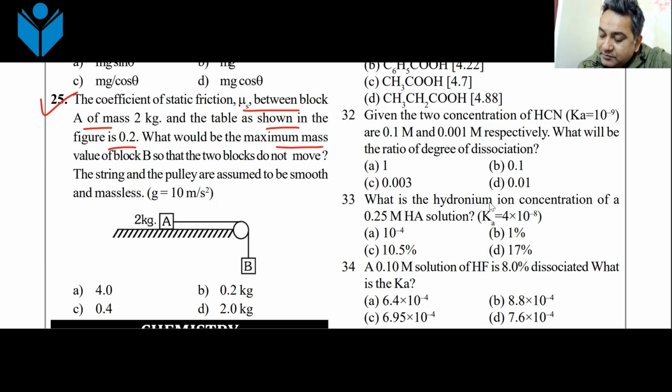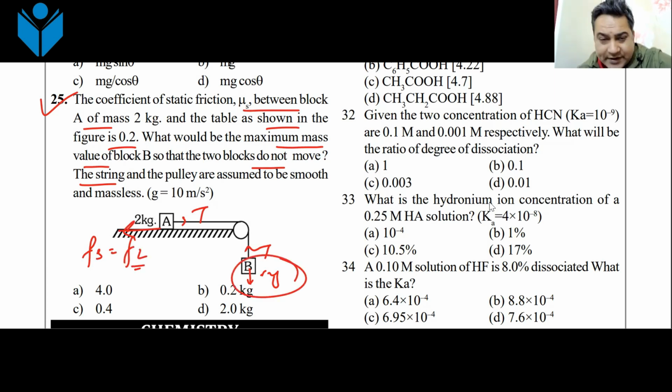What would be the maximum mass that can hang so that it does not move? This would be equal to mg, this would be equal to T. The static friction will become limiting, then the mass will be maximum. So mg will be equal to T and T will be equal to f limiting. You just put the value, you will get the answer from there. Do you understand this? Yes, sir.